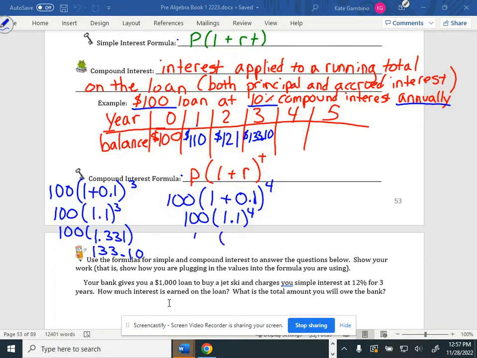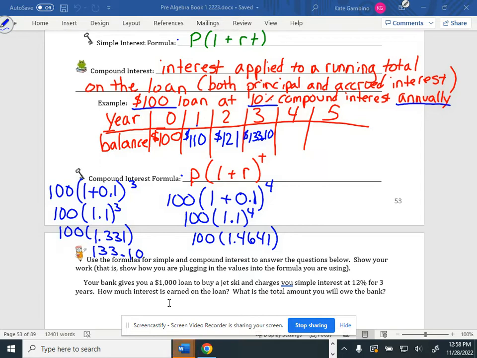What did you guys get? So we don't have to round it to money yet, not until the end. So we've got 1.4641 times 100. Right? Did you get 1.4641 when you did 1.1 to the fourth?